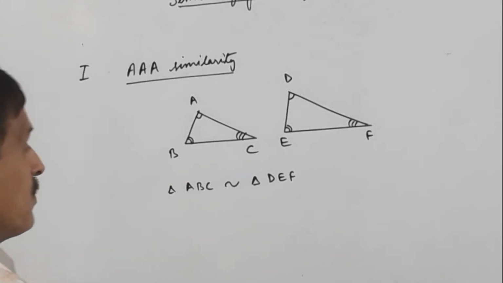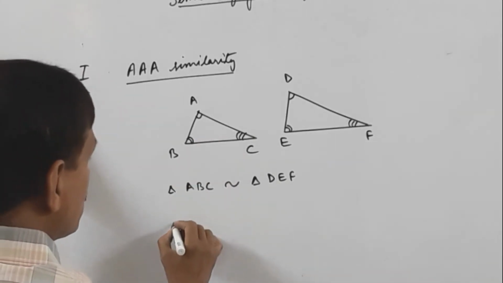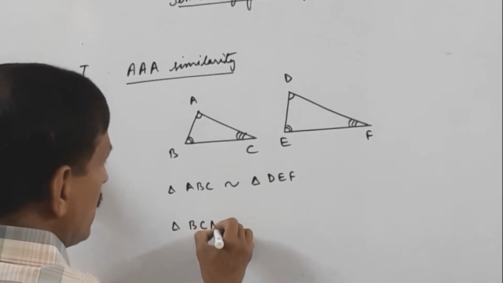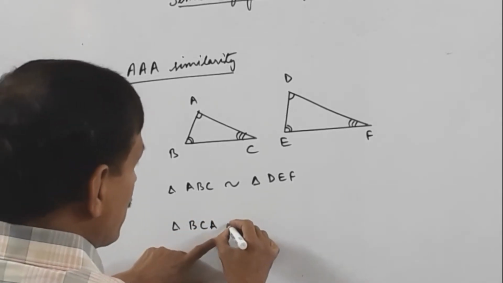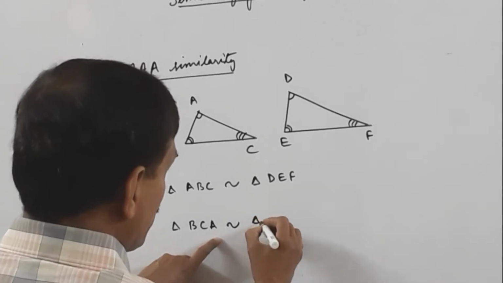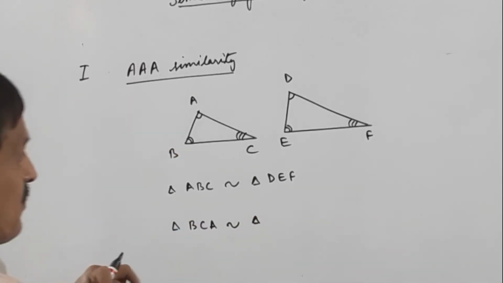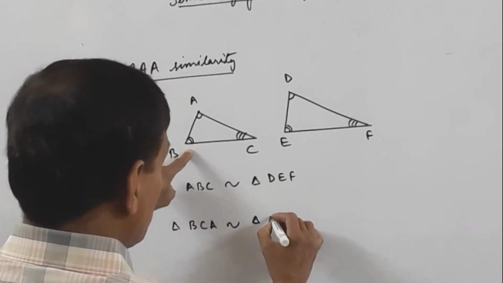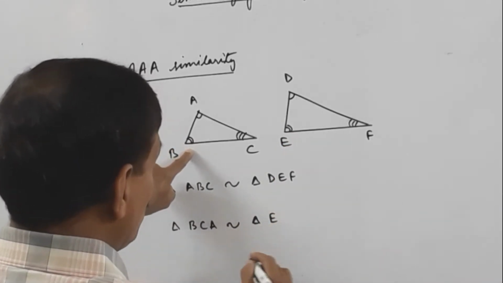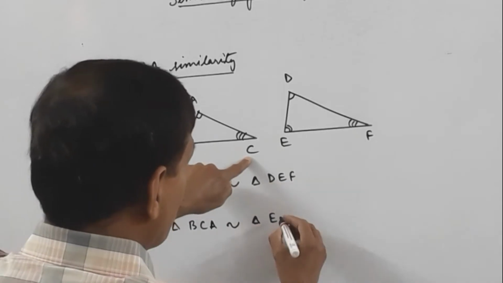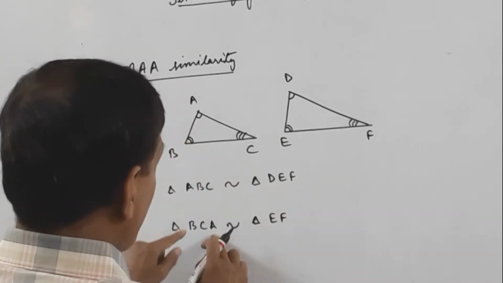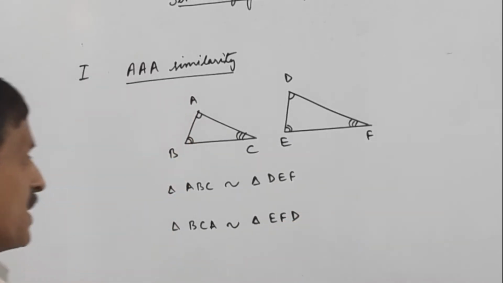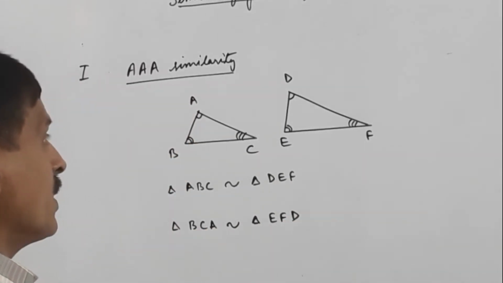But if we name the first triangle as triangle BCA, then second triangle has to be named according to this triangle. That is, B corresponding angle is E, corresponding to angle C it is F, and corresponding to A it is angle D. So triangle BCA similar to triangle EFD.